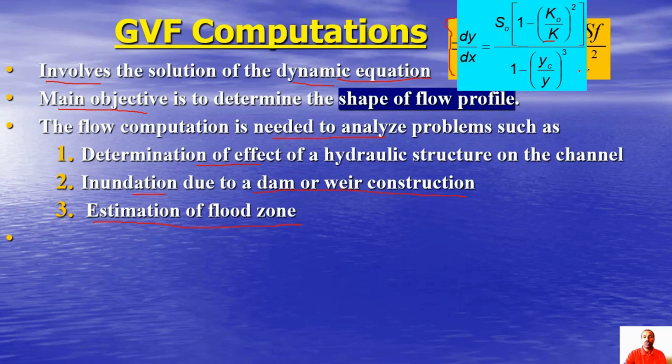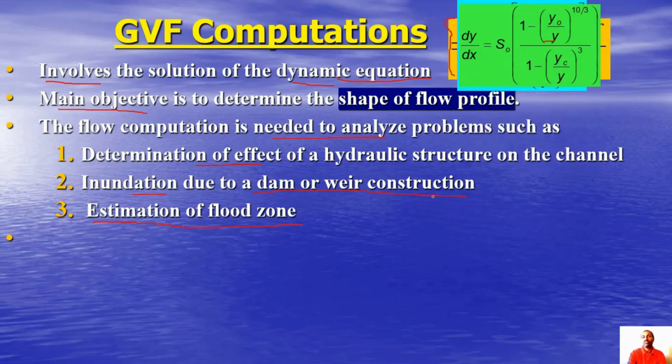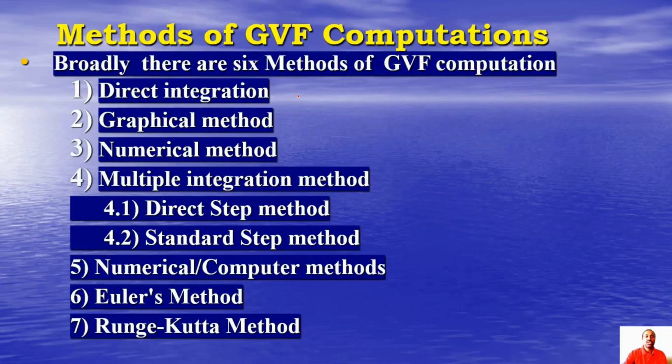Or sometimes we can use this equation for a wide channel: dy/dx equals S0 times (1 minus (Y0 over Y) to the power 10/3), divided by (1 minus (Yc over Y) cubed). We will see these formulas in detail with an example.